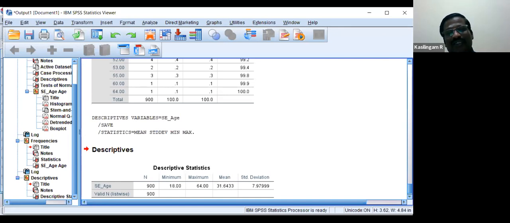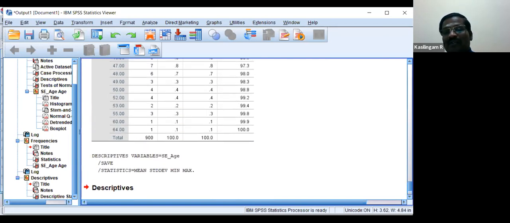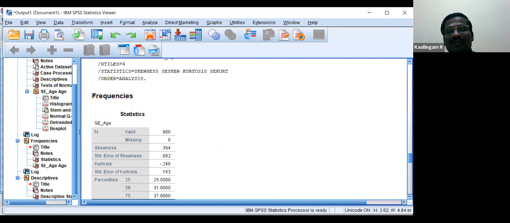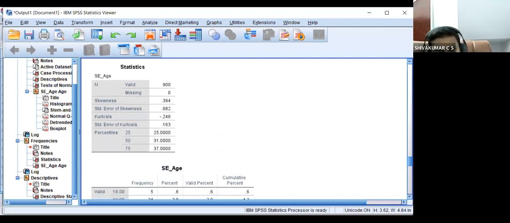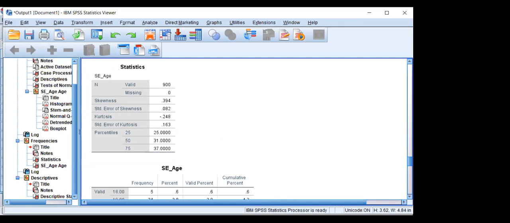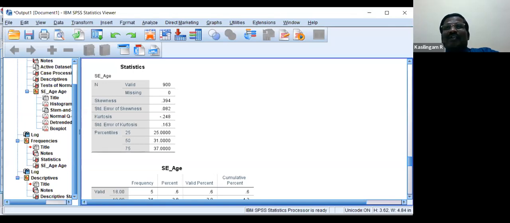Shivakumar, sir, you have forgotten: 0.394 divided by 0.082, which is 4 point something, which is greater than 1.96. So the null hypothesis is rejected, which means there is a skewness. When there is a skewness, the data is not normal.